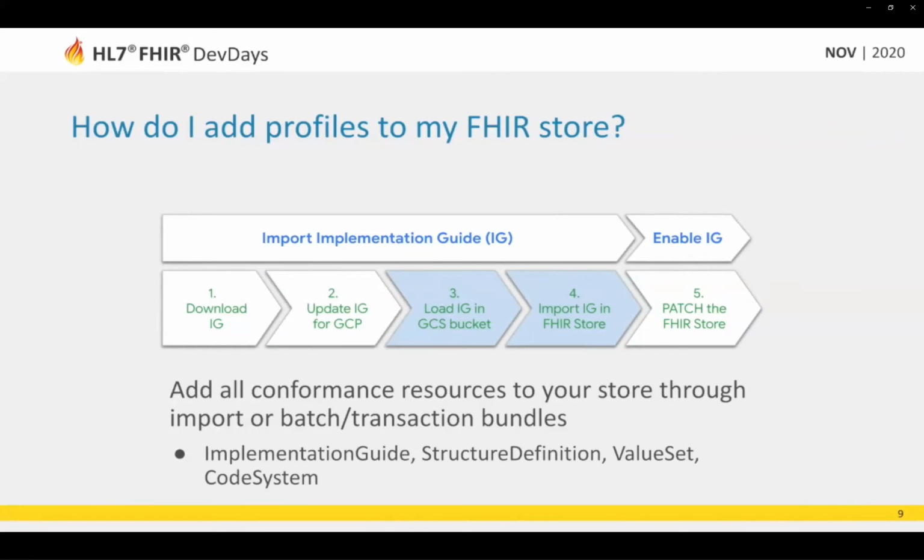That's the implementation guide resource itself, so we know what resource types we're validating on, as well as structure definitions. Any value sets or code systems that you want enforced also need to be uploaded to the FHIR store in full. Right now we only support reading conformance resources from within your FHIR store, and we won't make external calls to try to resolve a particular value set or code system. So they need to be included in the bundle that you upload.